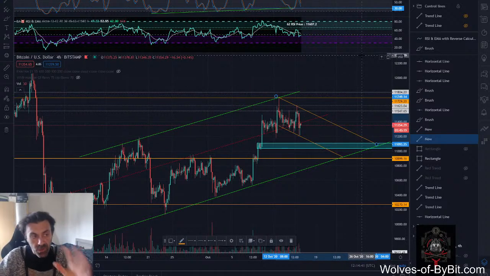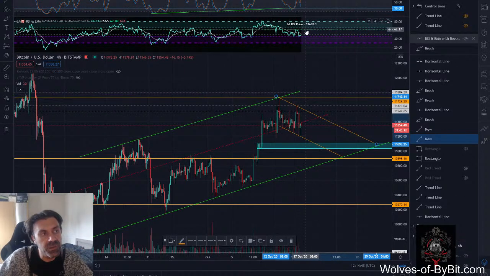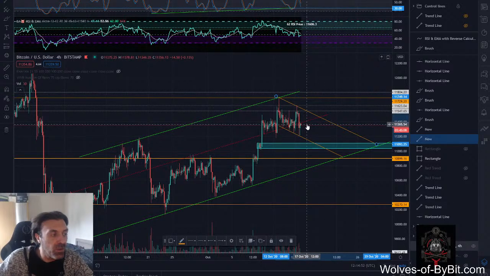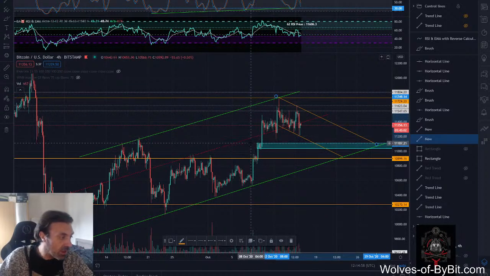So right now, since we are in the middle of this area, RSI is in the middle of this area, it's very hard to tell whether this red dotted line is going to be respected or not.